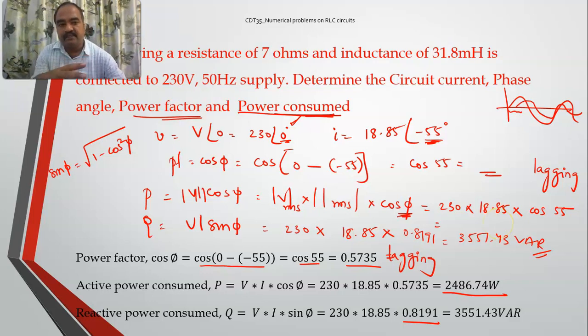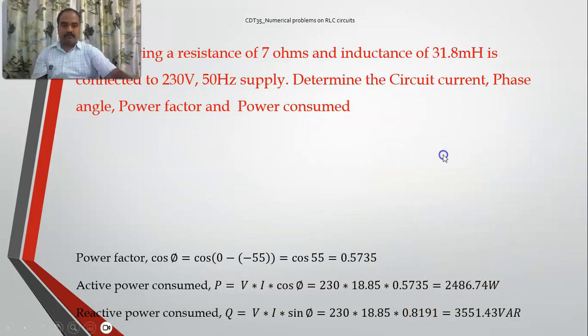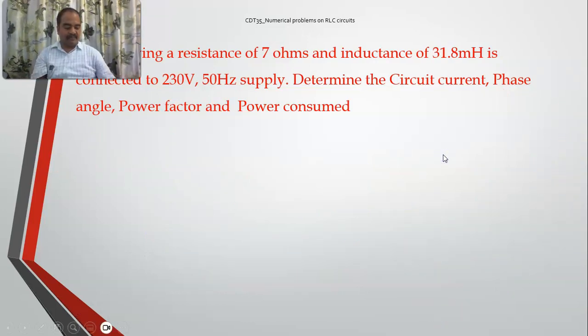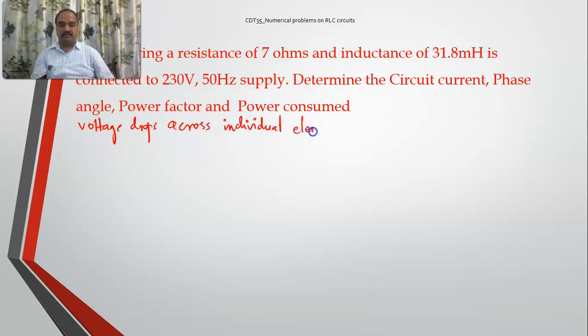We have seen circuit current, phase angle, power factor, and power consumed. But sometimes you will be asked to calculate the voltage drops across individual elements. Now what does this mean?